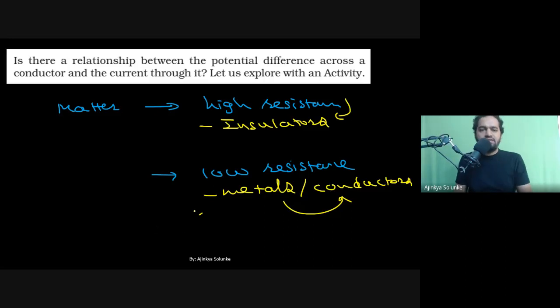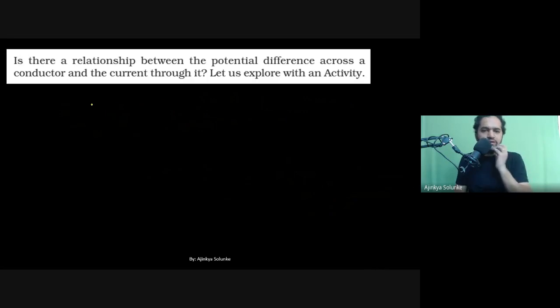Okay, so somebody has high resistance, somebody has low resistance, that we know. Now, have you understood this? Every matter has resistance. Somebody has high, somebody has low resistance. Now, a simple question.